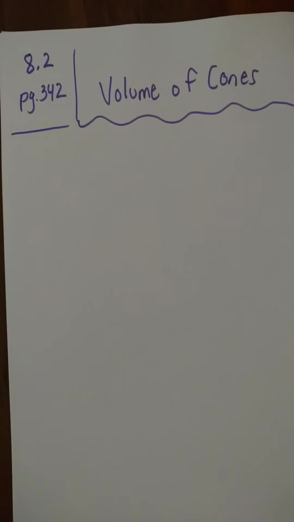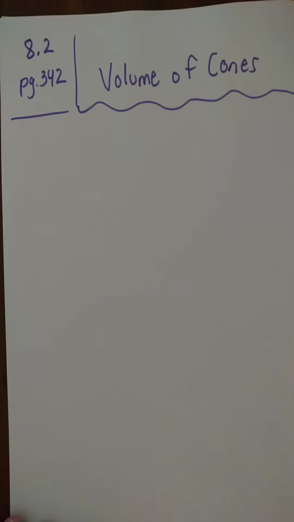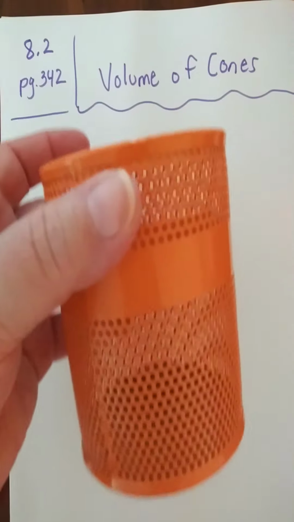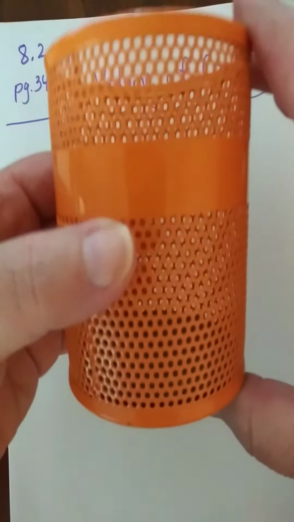In the video, you realized that a cone is smaller than a cylinder if it has the same dimensions. So that means the same height and the same diameter. So if this is my cylinder, and I put a cone in here, the cone would hold a lot less.